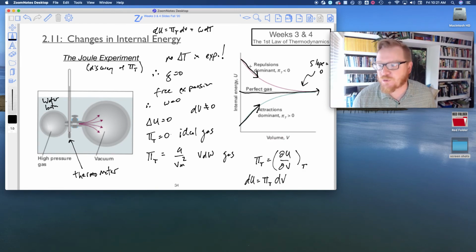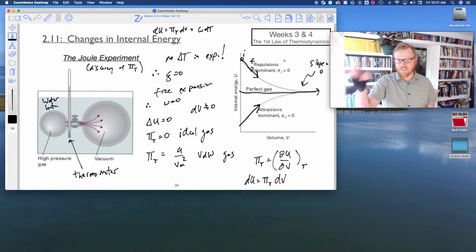So let's play with these repulsions. This idea of if pi_T is negative, it's an indication that repulsive forces are dominant. So if we're starting here at this really small volume and we end here at a larger volume across, let's say, this expansion, right? This is expanding, okay?